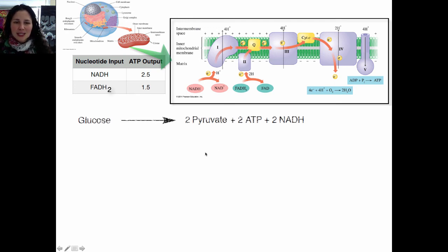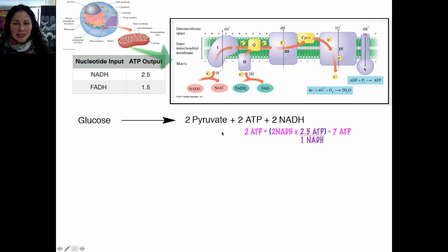Let's use these values to calculate how many ATP are created in the process of glycolysis, when one glucose molecule is converted into 2 pyruvates, 2 ATPs, and 2 NADHs. Only 2 ATP are created directly from glycolysis, but since we're also creating NADH, these can be converted into ATP.